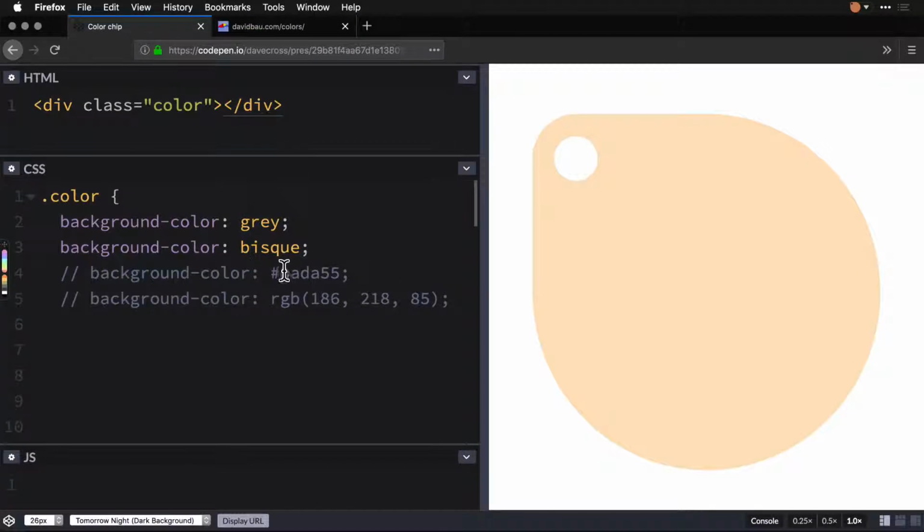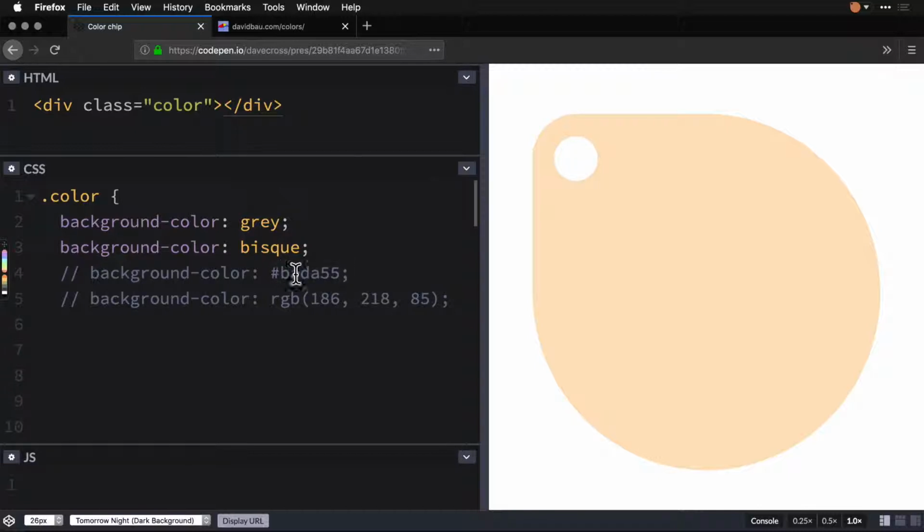Next to that, we have hexadecimal, and hexadecimal has been around for as long as name colors. It gives us lots and lots of colors. And the way that it works is each one of these characters is a hexadecimal number from 0 to F: 0, 1, 2, 3, 4, 5, 6, 7, 8, 9, A, B, C, D, E, F, which represents a range of 16 numbers.